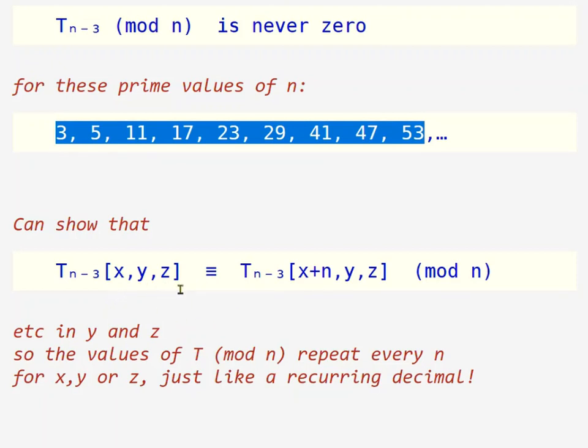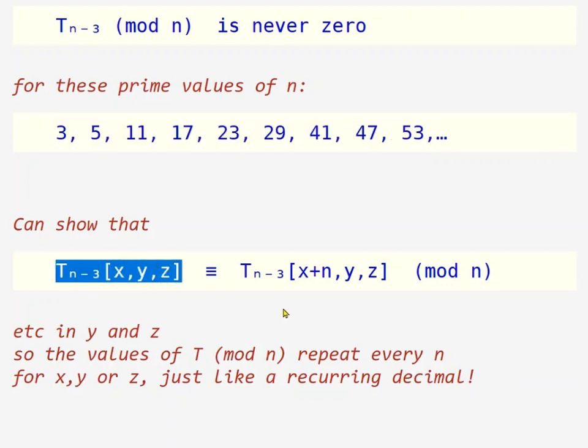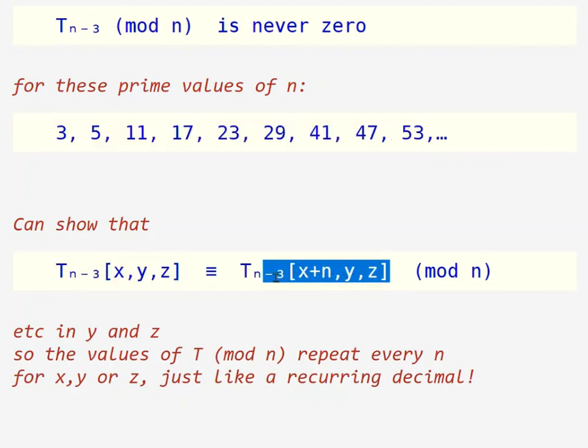So therefore the mod value of this will be the same as the mod value of this. And by symmetry that's of course true in y and z. So the values of t mod n repeat every n for values of x, y or z, just like a recurring decimal.